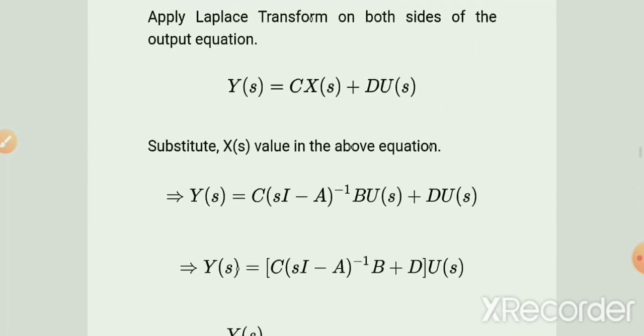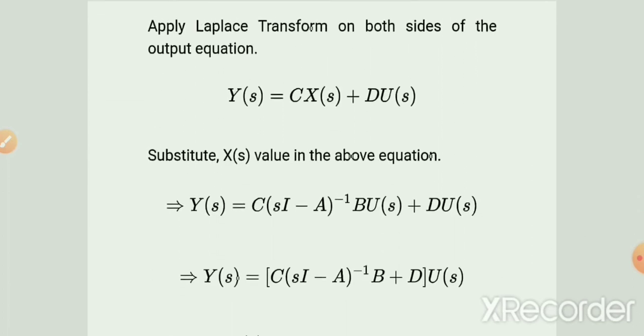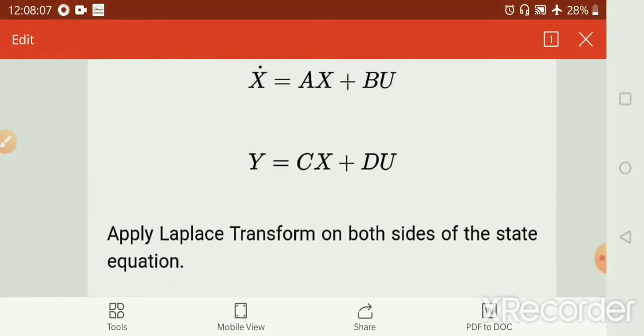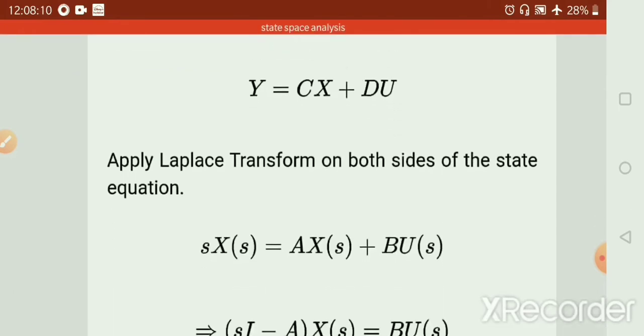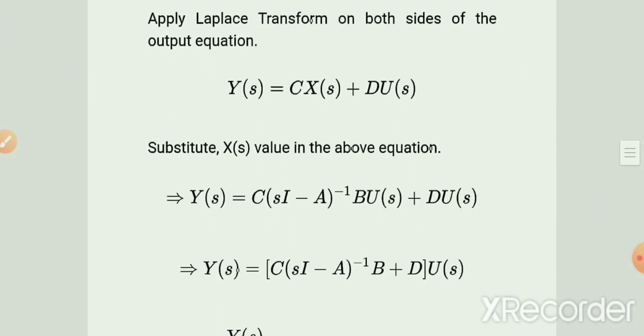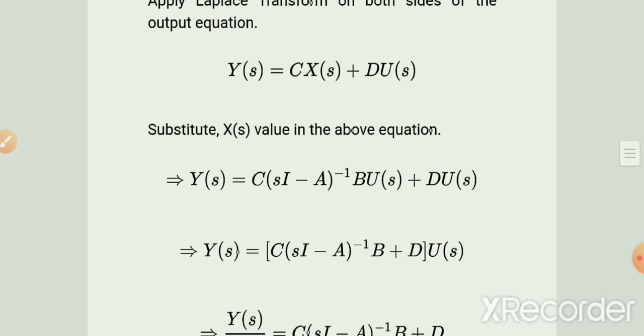And now the output equation. We know that the output equation is y equals Cx plus Du. At first we take the Laplace transform of this, so it is Y(s) equals C into X(s) plus D into U(s).